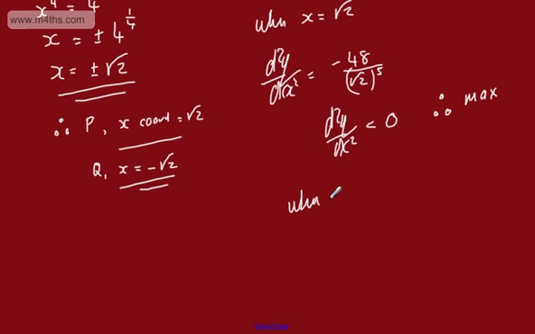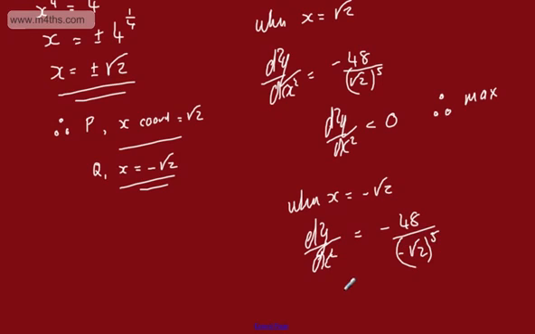When x is equal to minus root 2, d2y by dx squared will be equal to minus 48 over minus root 2 to the power of 5. From this, d2y by dx squared will be greater than 0, therefore a minimum.